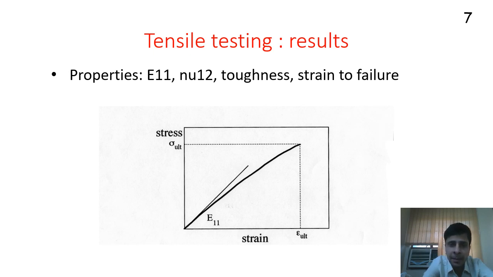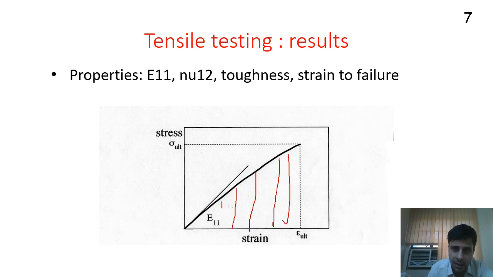For example, if you do a tensile test, you get a curve like this. You could calculate the Young's modulus, which is the slope of your material at the initial stage. You could calculate the strain to failure, you could calculate the stress to failure. You could also calculate the toughness, which is the area below this curve. Area below this curve is an indicator of the toughness of the material.